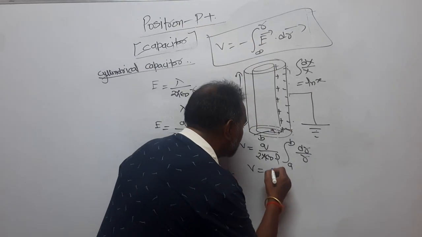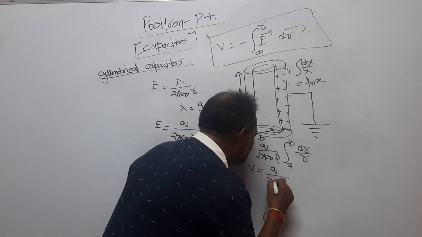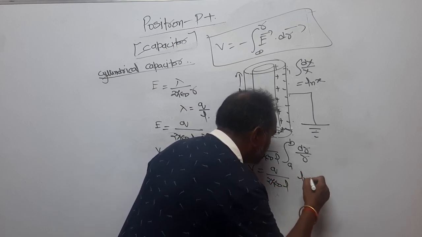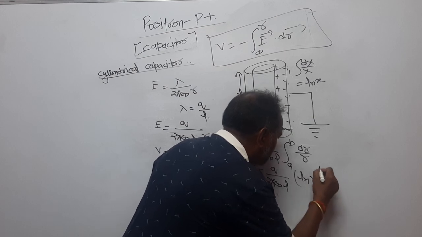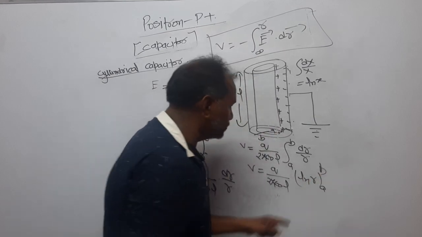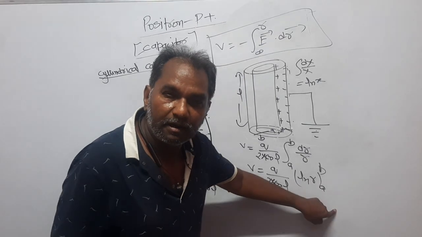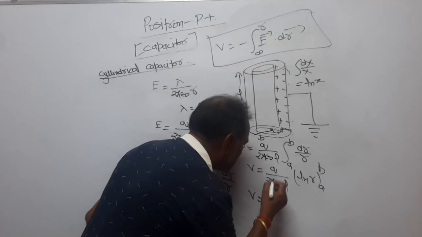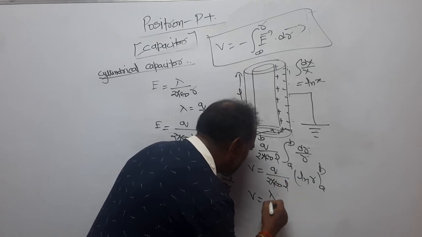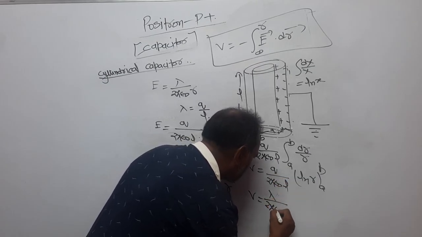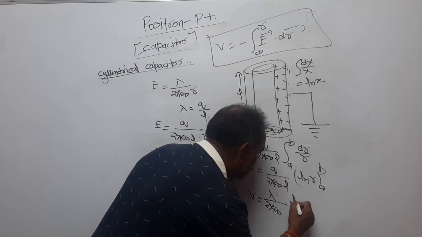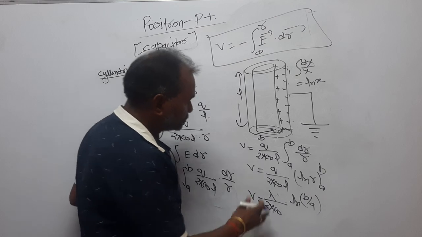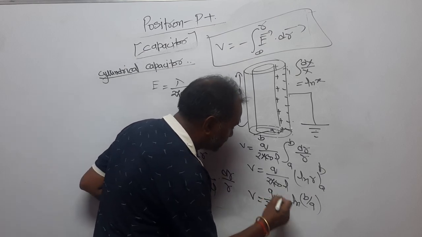So V is equal to Q upon 2 pi epsilon naught L, times ln R from A to B. If you apply the limit, you will get ln B minus ln A, then it is ln B upon A. Or you can write V is equal to Q upon L, which is lambda, upon 2 pi epsilon naught, ln B upon A.